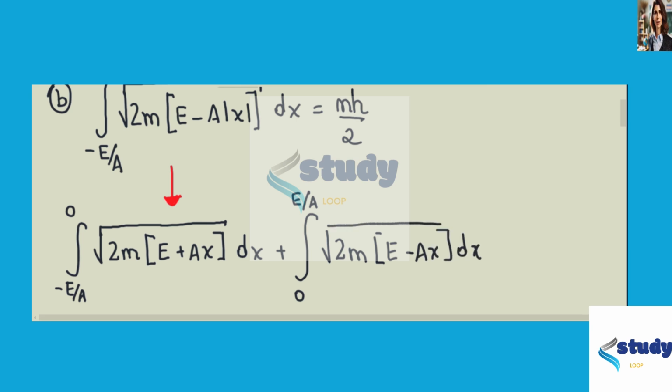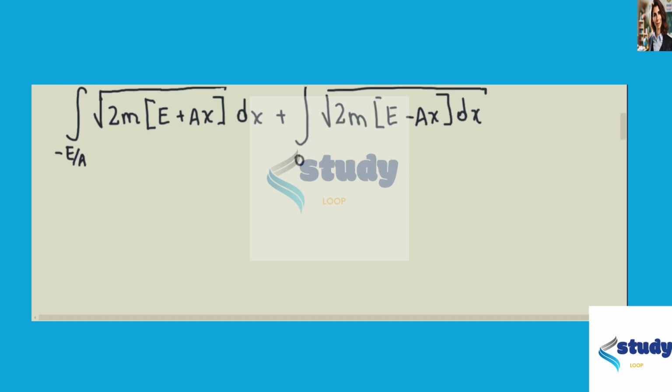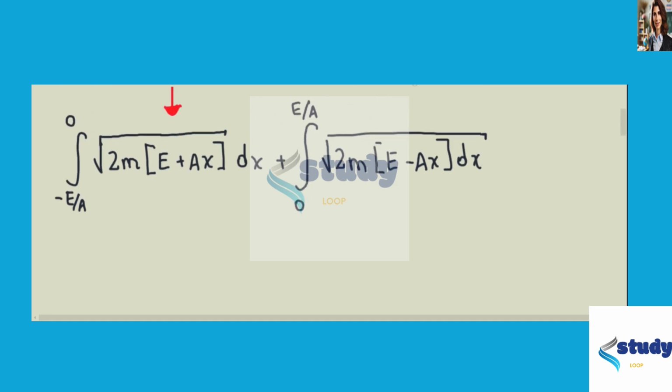Okay, so basically what I'm going to do is to take this first integral and do a little change of variable. So I'm going to take x prime and call it minus x, such that dx is equal to minus dx prime.